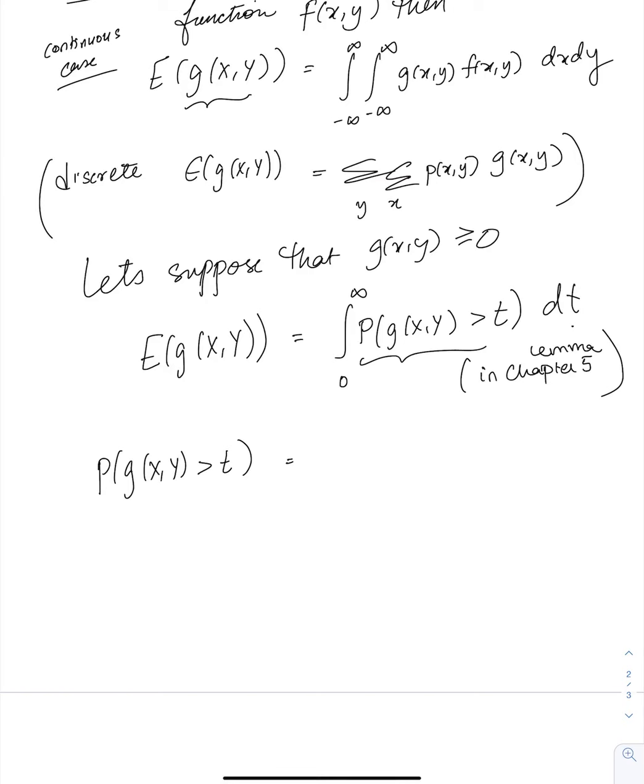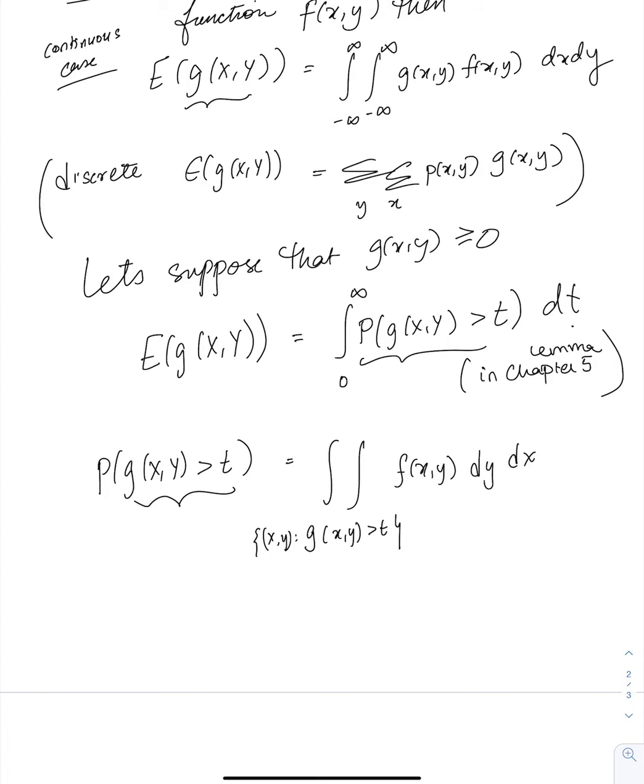So this is the integral over x and y of the joint density, where g of x,y is bigger than t.